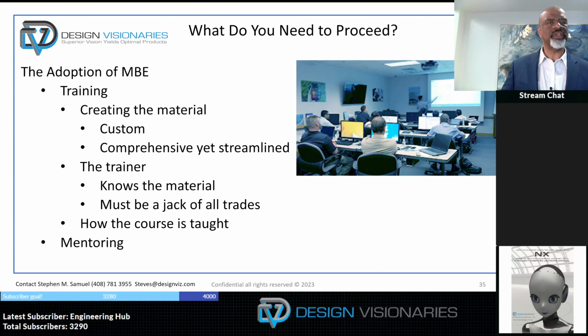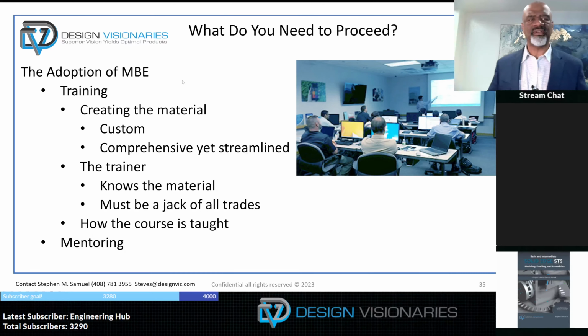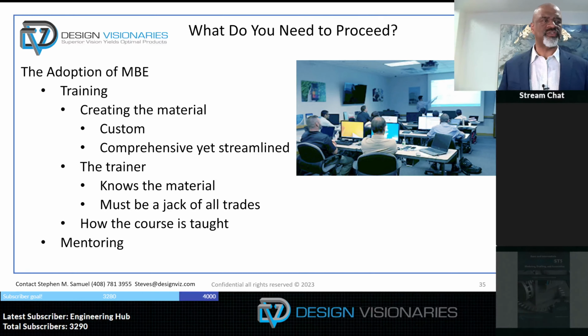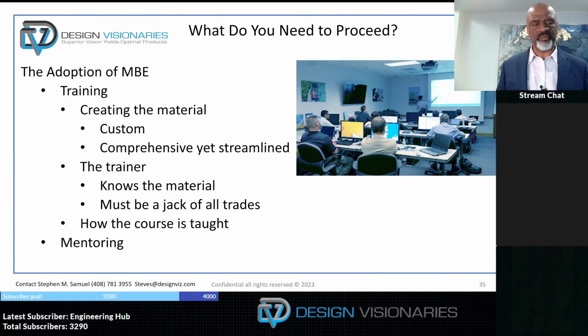And so this brings us to what do we need to do to proceed? Okay, so to adopt model-based engineering and model-based definition, we need training. We need to create great material that's custom, that is streamlined and comprehensive. We need trainers who know their material extremely well, and trainers who've been in the manufacturing process and the design process and the inspection process and know how to do analyses.